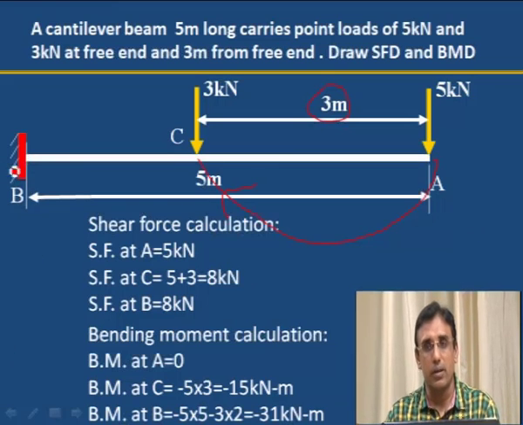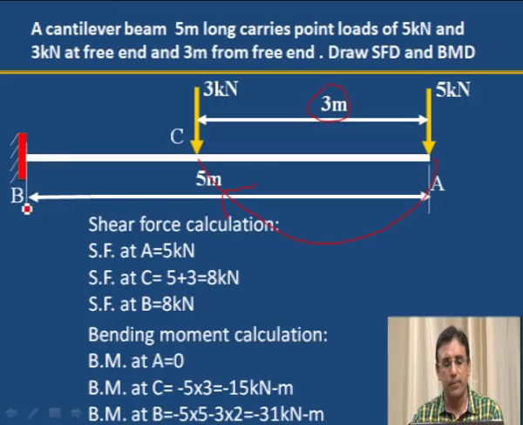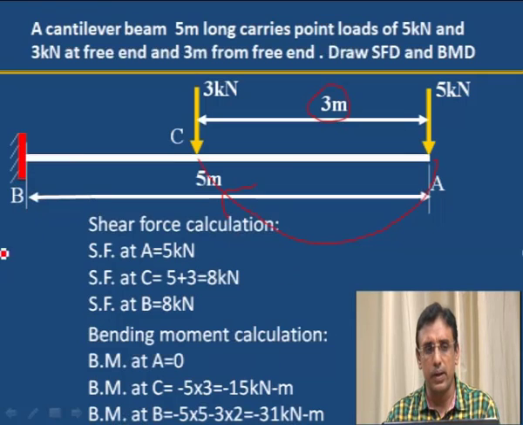Then bending moment at B. For calculating the bending moment at B, the force of 5 kilonewton is acting here, 5 kilonewton into distance up to here, 5 into 5, that is 25.